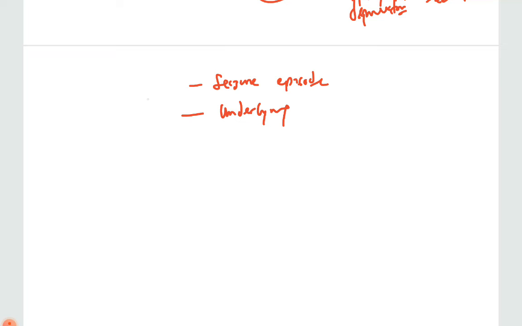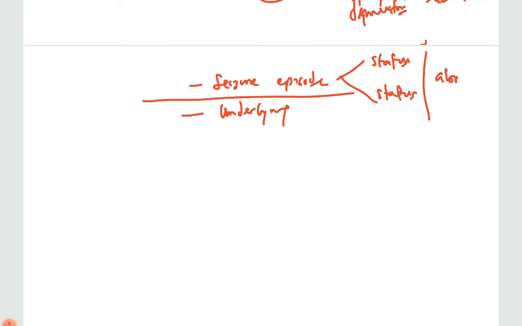You manage the seizure, which is what the patient presents with, which is the acute thing. The patient has a seizure, either status or non-status. You want to abort the seizure in either case. That's the most important thing. Then, if you have succeeded in aborting the seizure, you now want to manage the underlying cause. And that's the key thing.